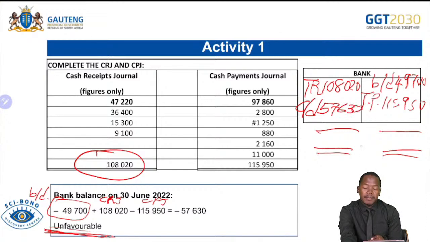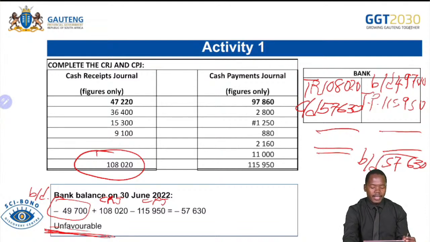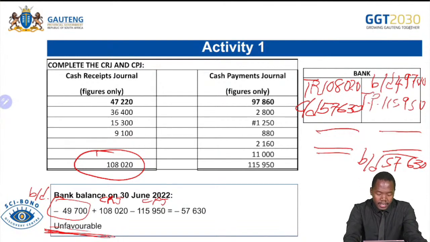And then it will come, remember, from carried down to balance brought down, 57,630. So it's on the credit side. Remember, as I've explained, the credit side of the bank account means unfavorable, means we have an overdraft.